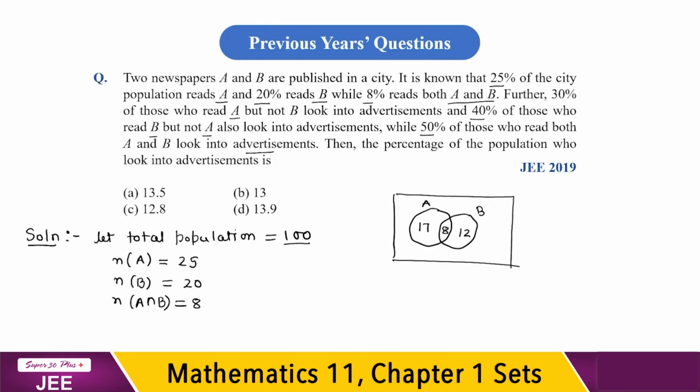Now, the population who look into advertisements are 30% of those belonging to this region, which means 30% of 17.